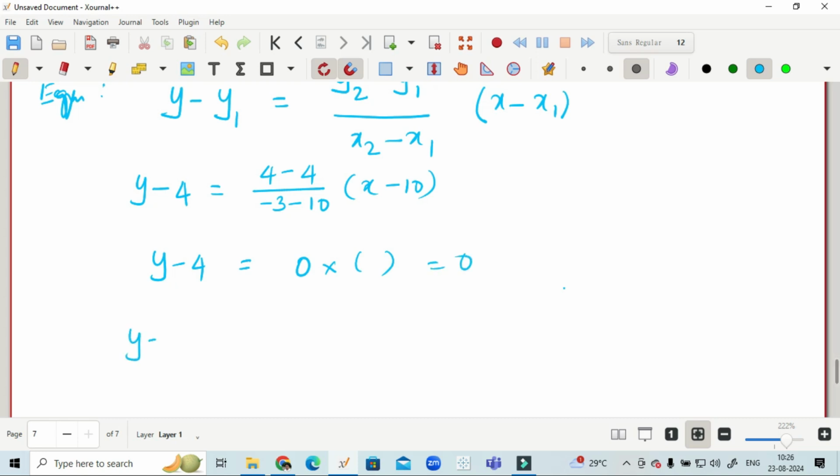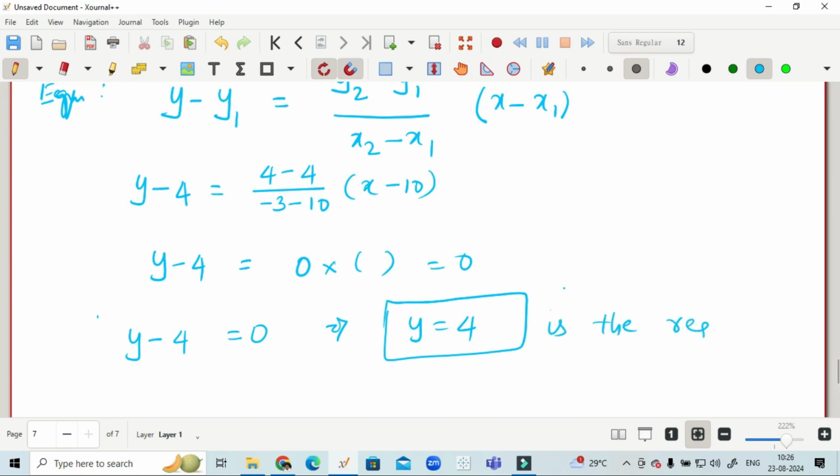So y minus 4 equals 0 is the equation, which implies y equals 4 is the required median through A. So this is the completion of the second part.